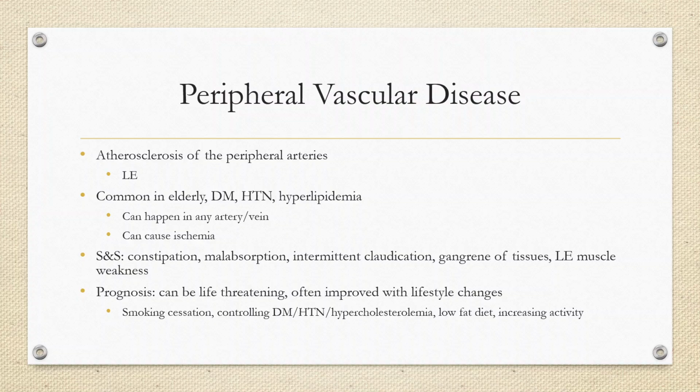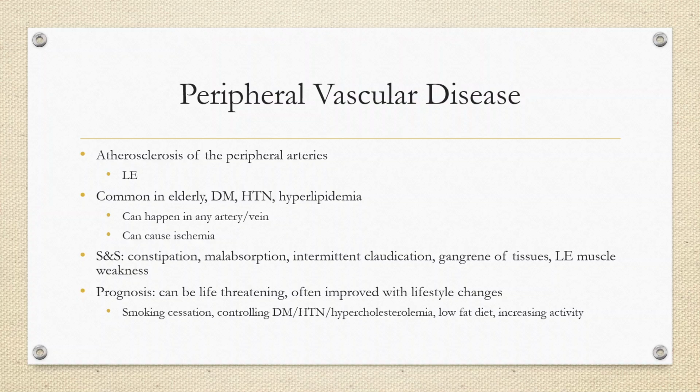Some signs and symptoms, depending on the severity, might be things like constipation or malabsorption, but again, we see that intermittent claudication. We could see cell tissue death, creating gangrene. We can cause issues of weakness long-term in more severe cases, just because there's not adequate blood supply to the area.